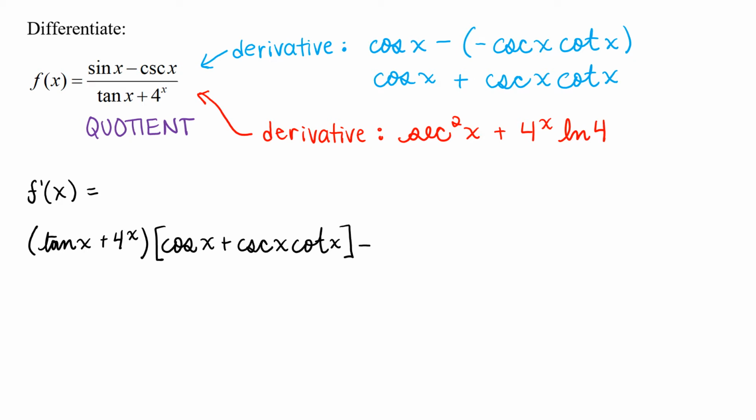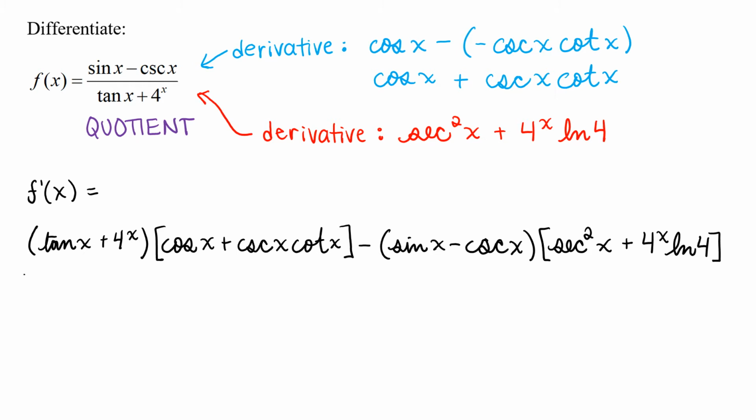Now we need our high, which is sine of x minus cosecant x, times d low, so the derivative of our denominator, which was secant squared x plus 4 to the x, natural log of 4. So we have the top of our quotient rule done.